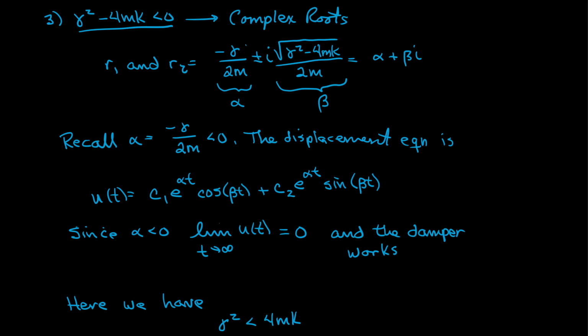Notice as well, as t goes to infinity, we're once again going to get e to a large negative value. So e for both terms is going to 0. So over time, once again, the displacement function goes to 0 and the damper works.